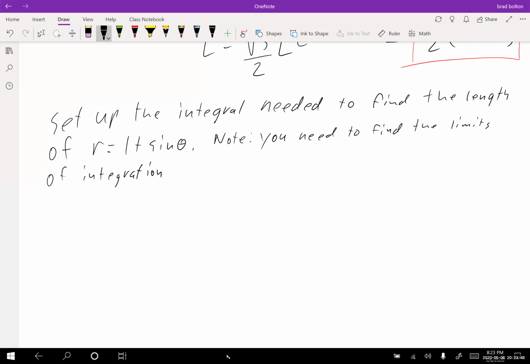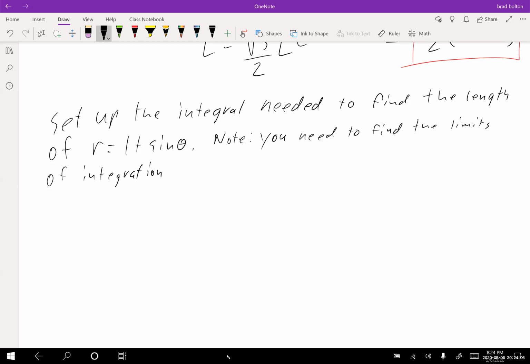Okay, so let's look at this graph. So we have r equals 1 plus sine theta. So this is what it looks like on my calculator.